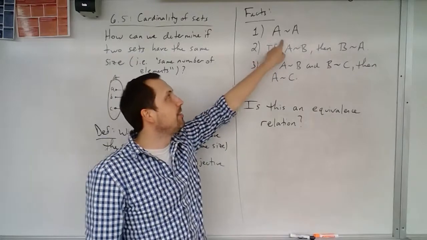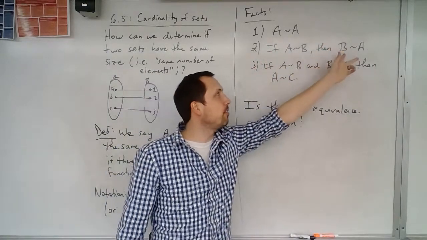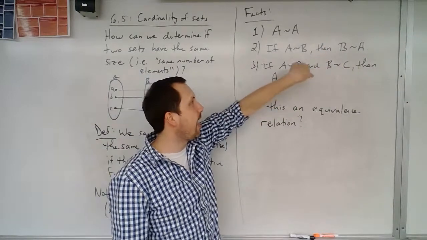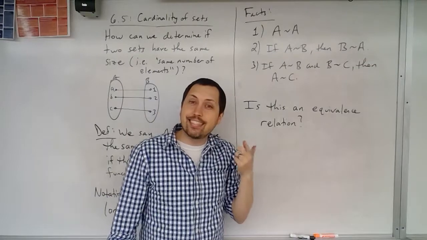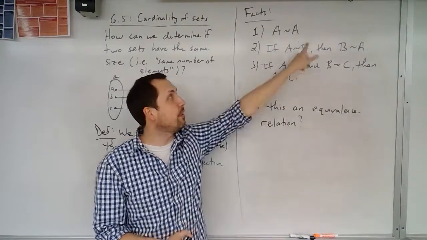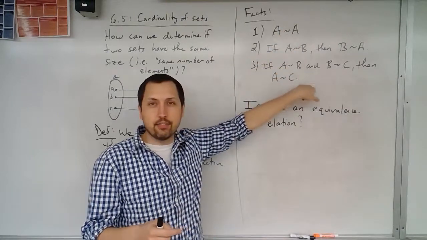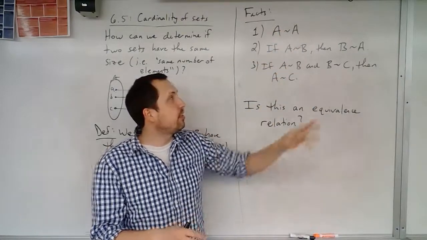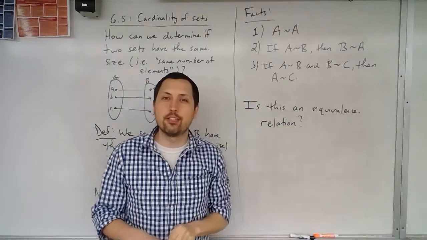So you have it with itself, you have this in this direction, you also have this in the other direction, and then you have AB, BC, then AC. Is this an equivalence relation? Because we're asking basically reflexive, symmetric, transitive. So if these three are all true, is this an equivalence relation?